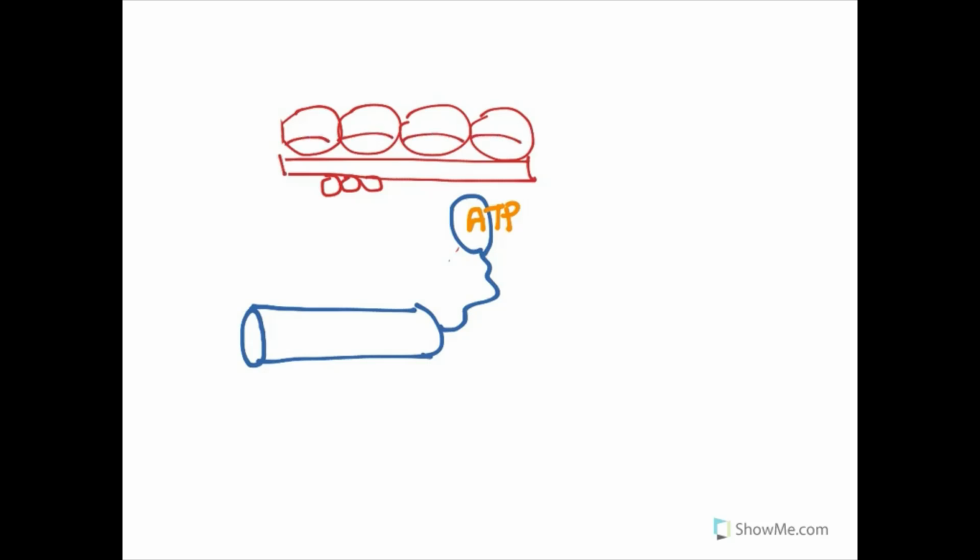But the active sites here are covered up by your troponin-tropomyosin complex. But he is in a high energy conformation. Now, in the very next step, as we look at this, this ATP energy is bound to that.